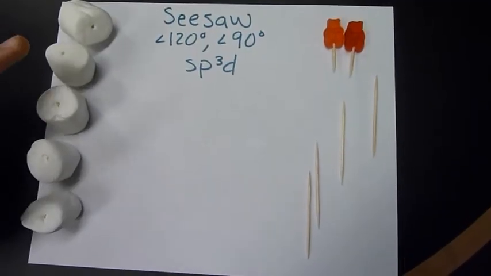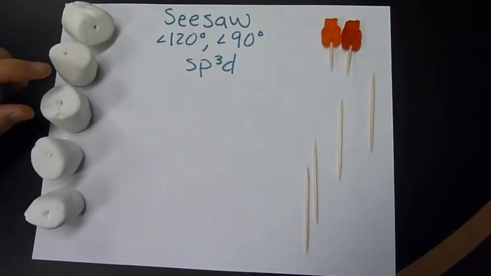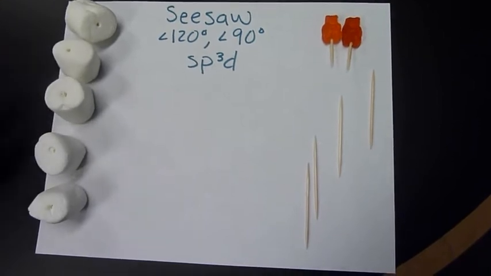Here we have seesaw, 5 atoms, 4 bonds, hybridization of sp3d.